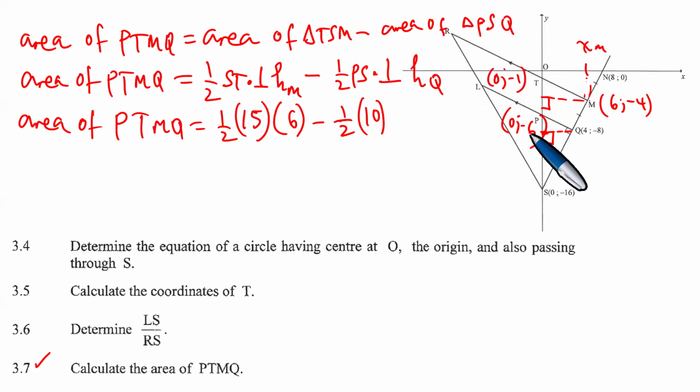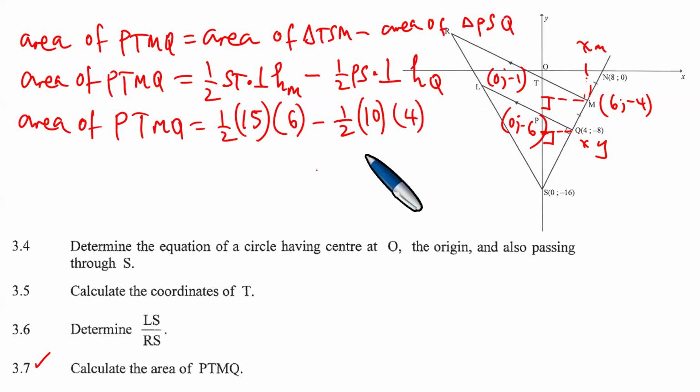Then you're looking at the height. From here, how far do we go horizontally? Horizontally is along the x-axis, because the x-axis is horizontal. So the x is 4.